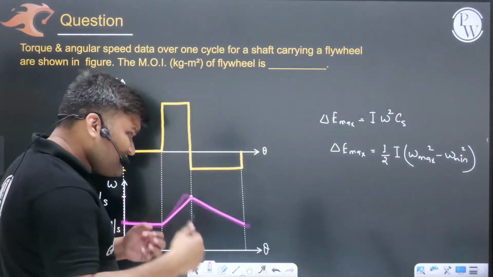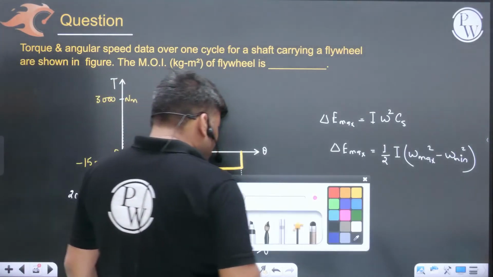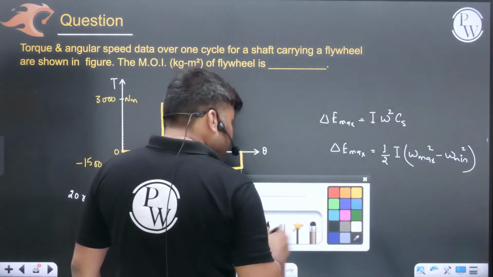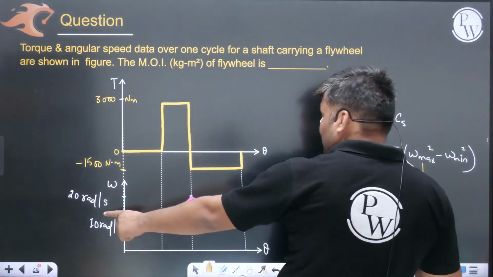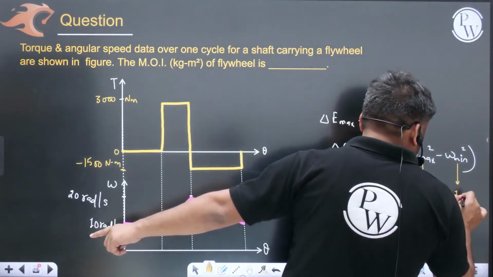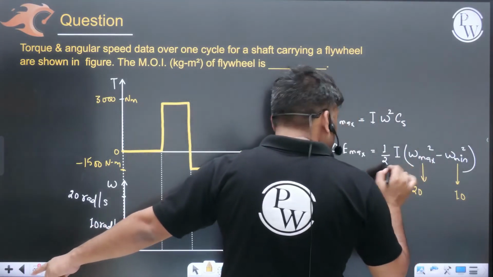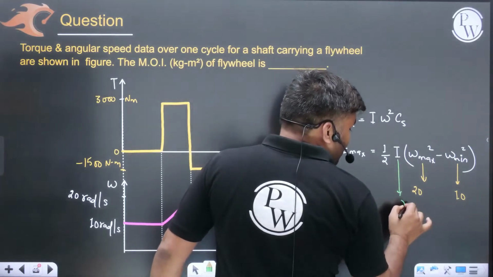Omega maximum is 20 radian per second. Minimum value is given as 10 radian per second. Moment of inertia, they are asking how much is this I. You have to calculate this value.